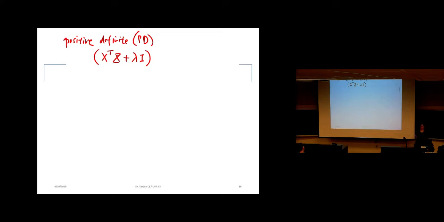But how do you prove the PD property? I want to prove that for any vector A not equal to 0, A transpose times this matrix is larger than 0. This is the definition of a positive definite matrix, and it is actually super easy to prove.